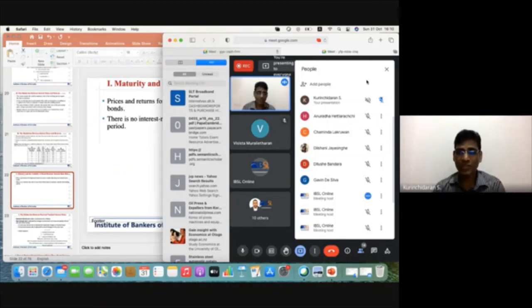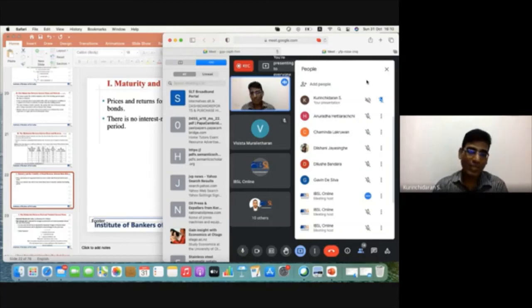Maybe a share price: when it goes up, you earn, and when it comes down, you lose. Like gold price: every bank has its own stock of gold. When the gold price increases, they gain, and when it comes down, they might lose. So these are the 3 major categories of market risk.